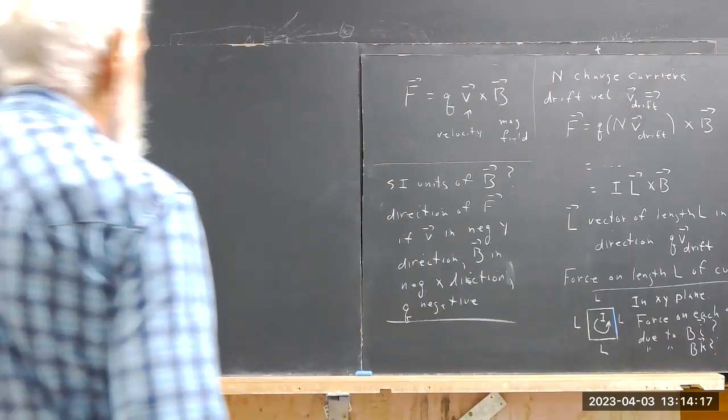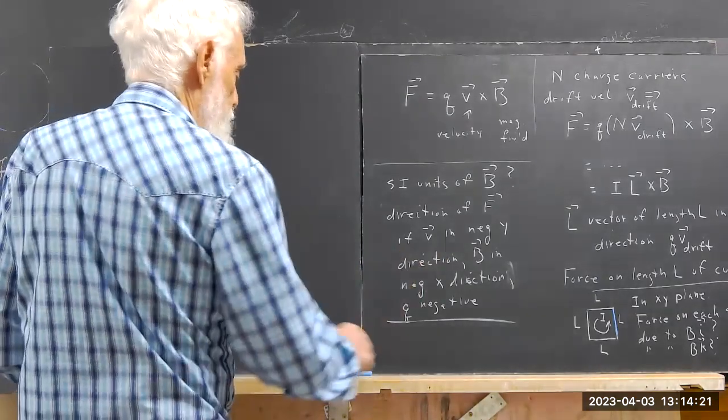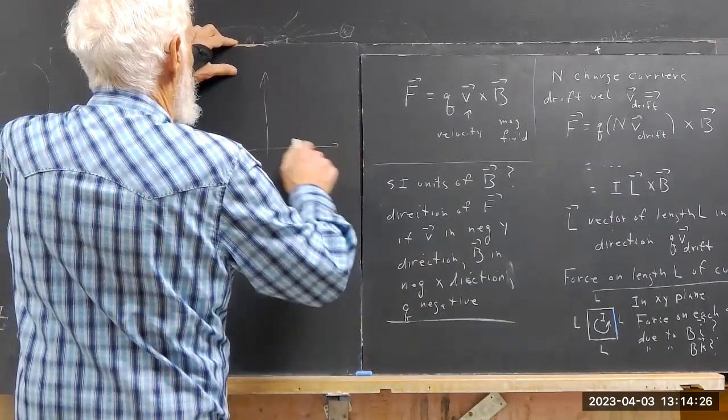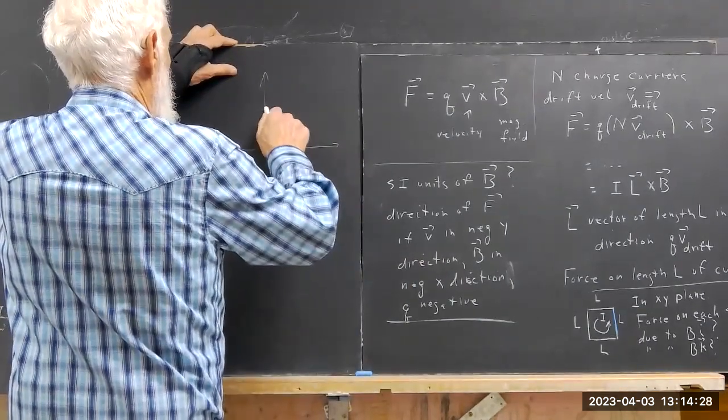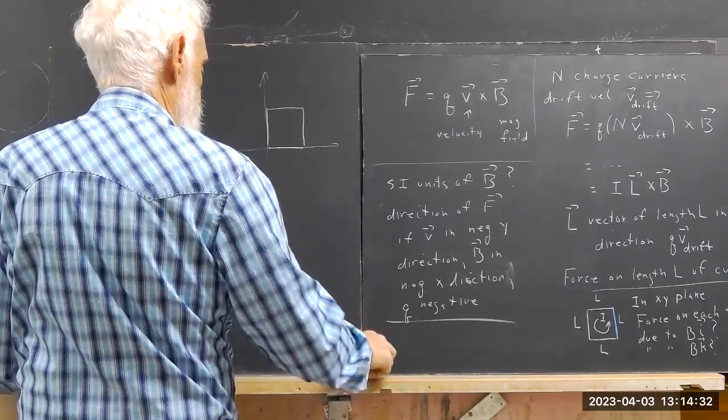Okay, so let's just look. Let's take this down. Well, if this is in the XY plane, so your square is here.